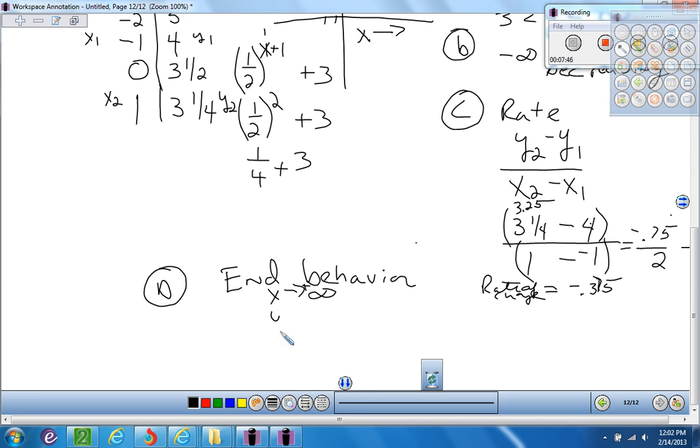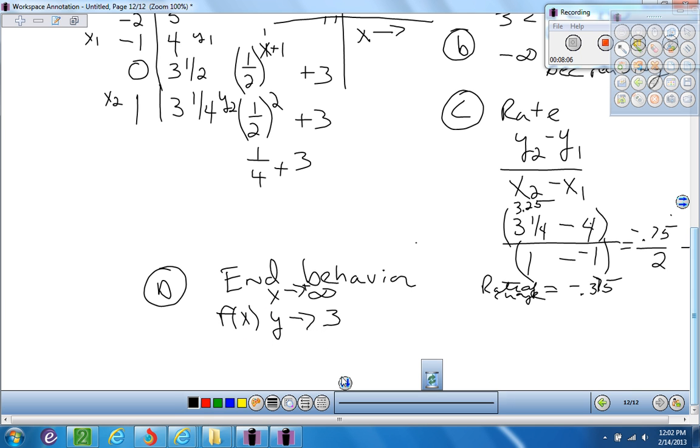Well, y is getting smaller and smaller, but it will not get smaller than 3, so y is approaching 3 with this. So with this, we would say as x goes to positive infinity, y, or f of x, approaches or goes to 3.